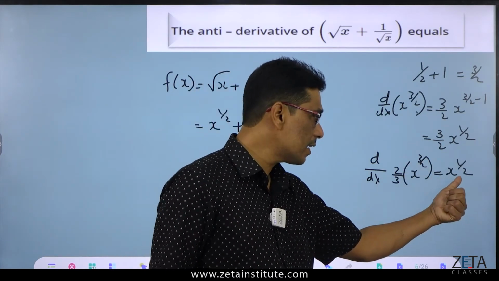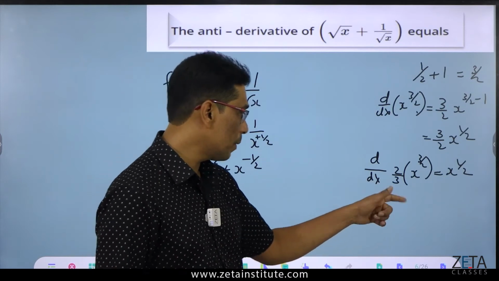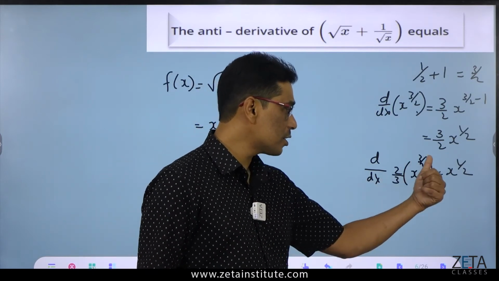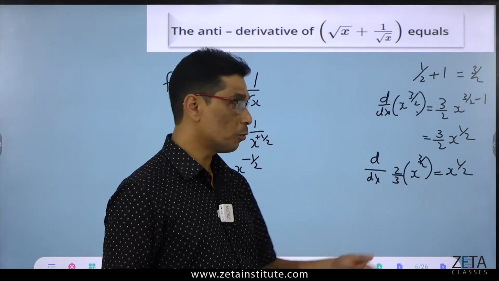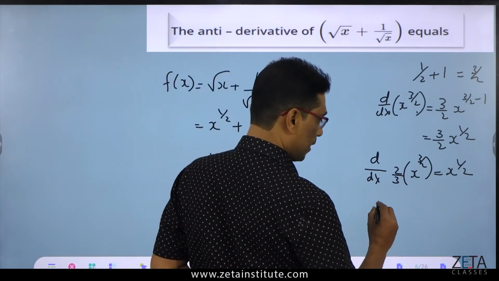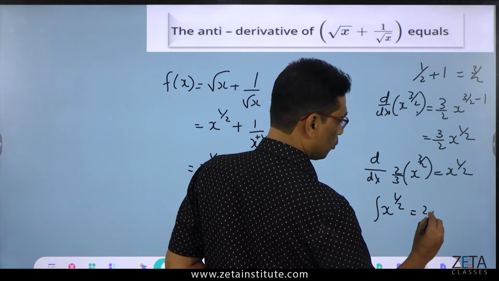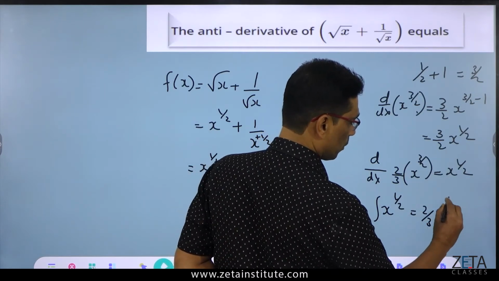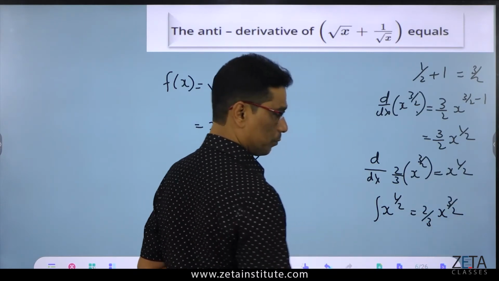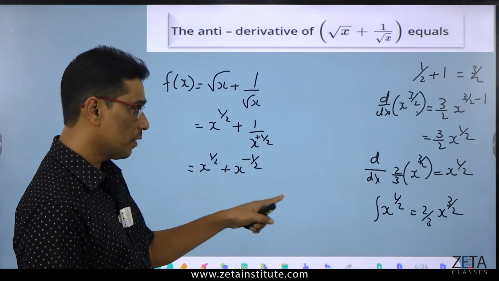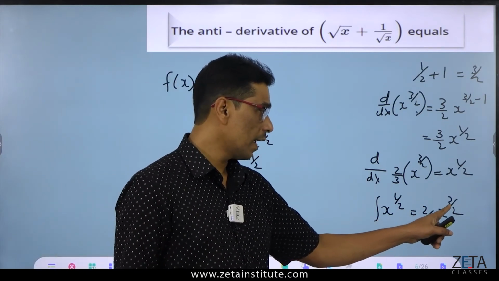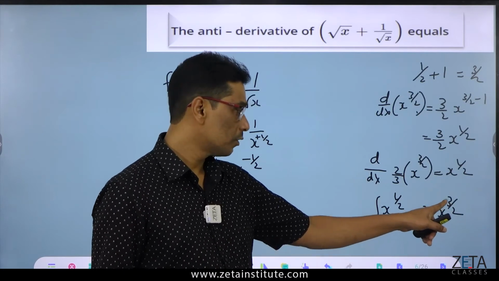That means the integration of x raised to 1 by 2 is nothing but 2 by 3 into x raised to 3 by 2.